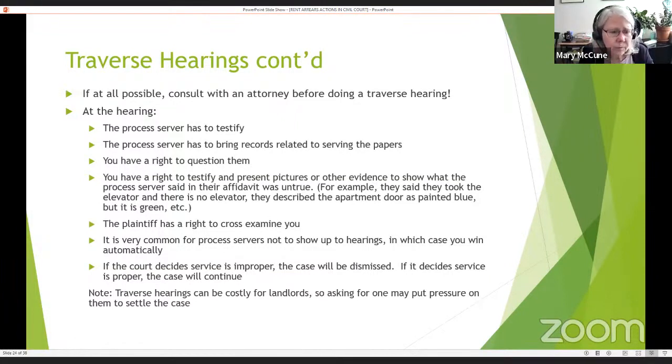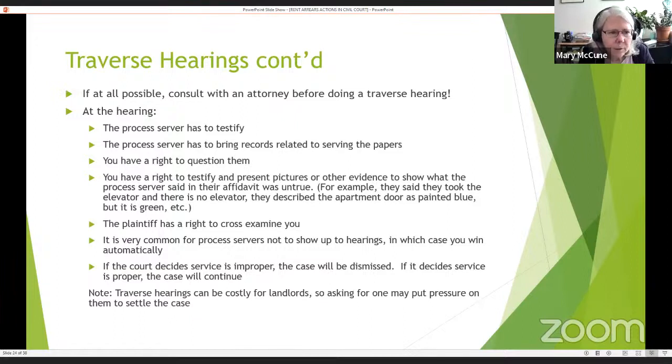So if you're challenging service on a recent case that was filed recently, then generally you'll be okay. Sometimes people find out about cases much later.